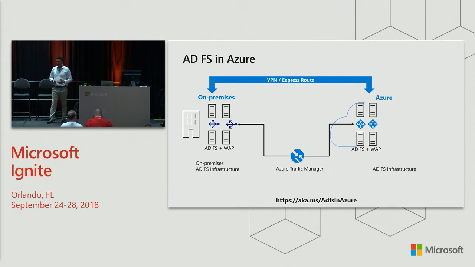Now, this will give you the flexibility of choosing whatever way that you want the performance to be defined using the Azure Traffic Manager profile, and still get the same highly available authentication infrastructure.